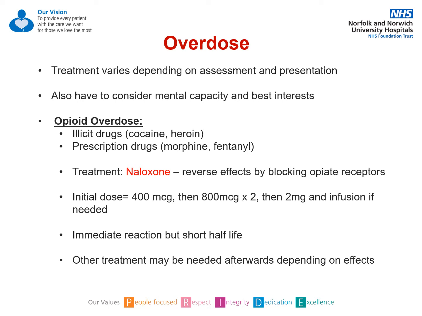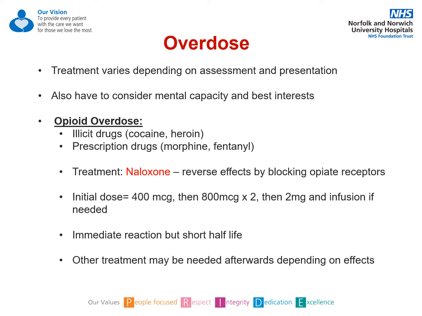If they're refusing us to give them any kind of treatment or certain treatments, then the doctors are going to have to come in and do some mental capacity assessments, perhaps. If they've got low GCS and they're not fully conscious, we're going to have to make those treatment decisions in the best interest of that patient, as in all areas of the hospital.